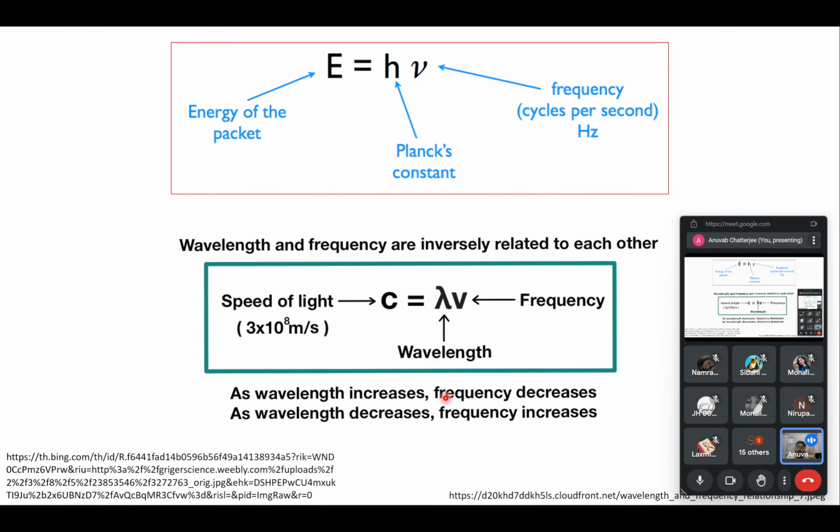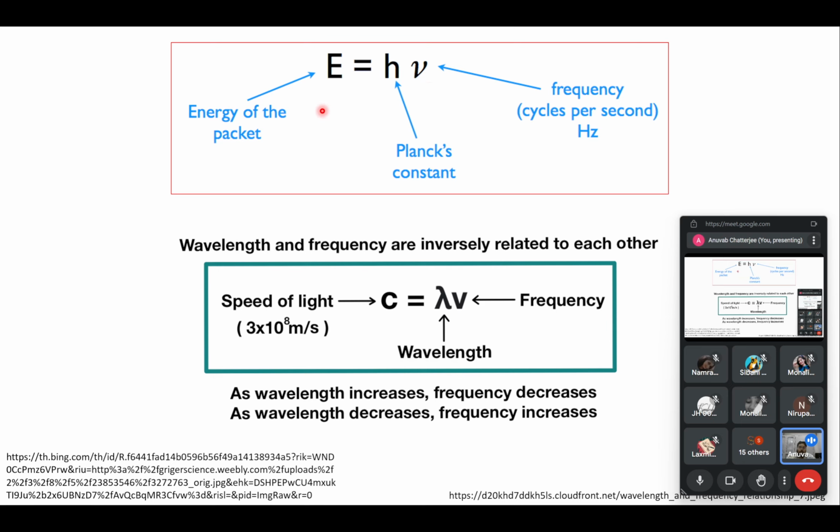You probably have come across this equation before. It relates the energy of a photon packet. Photons, as we know, are the smallest unit of energy present in light, which is an electromagnetic wave, and the energy is directly proportional to the frequency of the electromagnetic wave.